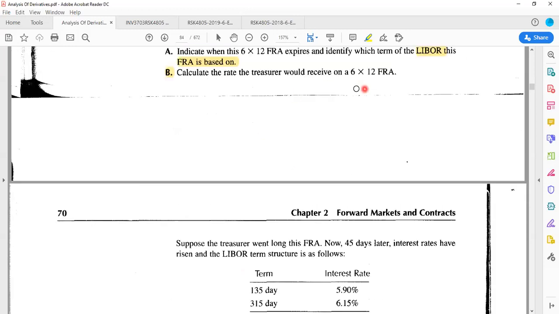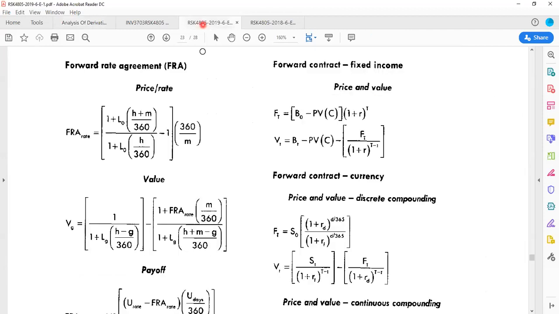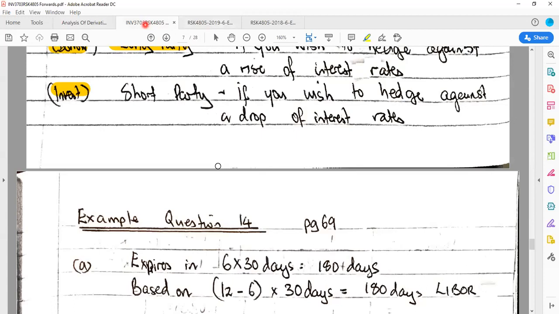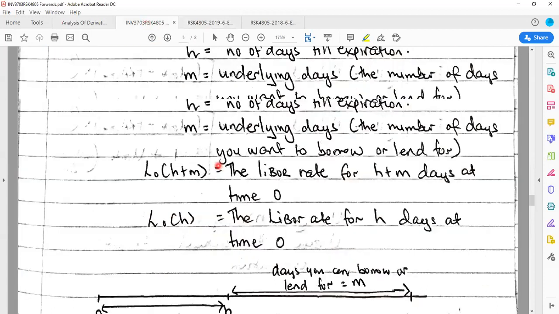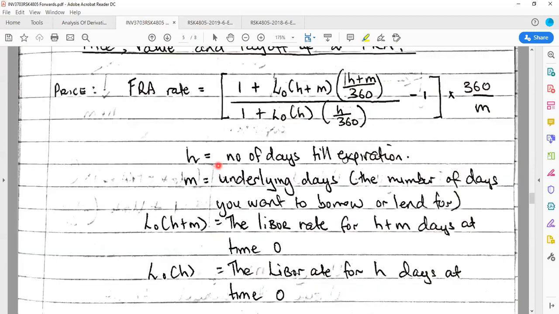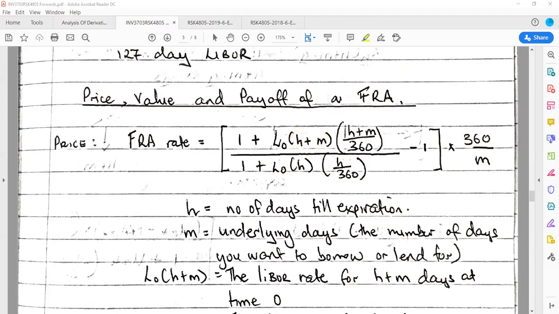I just want you to first try part B. Can you try to determine the 6x12 FRA based on this formula right here? And then when you're done, try to identify what H is, what M is, and then press play, and we'll check what you have against what I will put up on the screen. Okay.